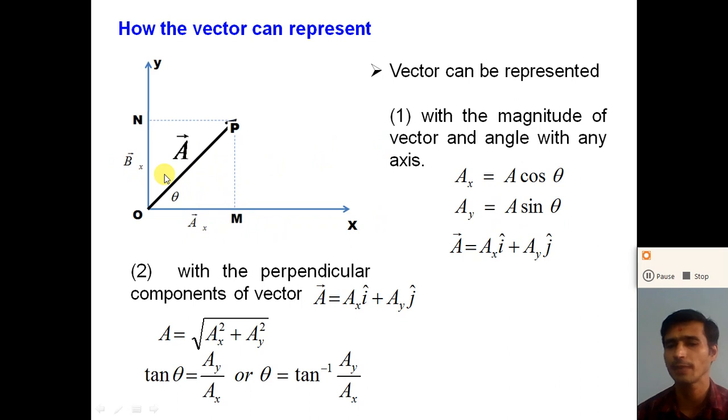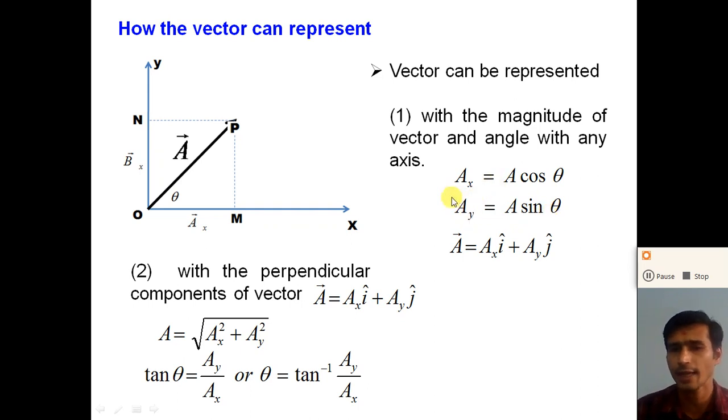So from this magnitude and angle, how can we find the perpendicular component? We can find the perpendicular component of any vector. The x component of the vector, Ax, is found by the magnitude of the vector and cos theta. Similarly, the y component of any vector we can find with the magnitude of the vector and cos theta, where theta is the angle with the y-axis, right?